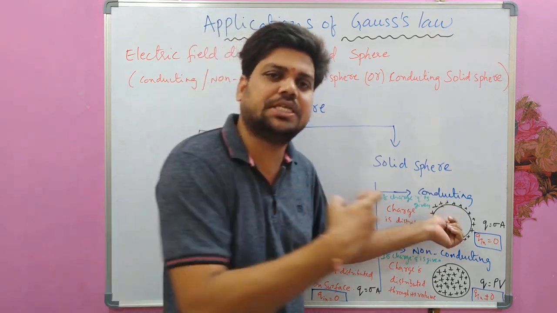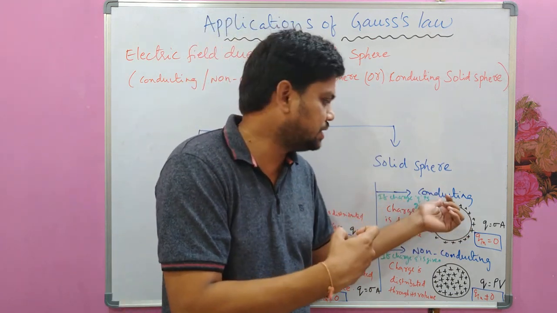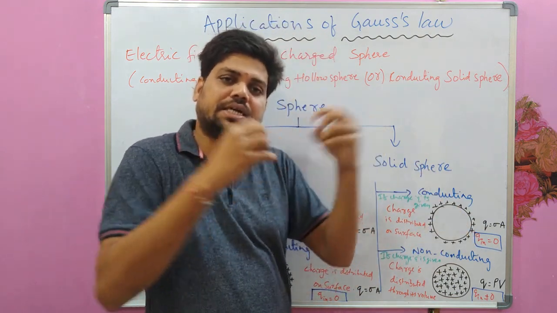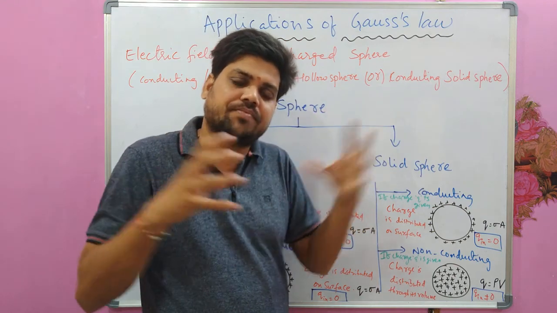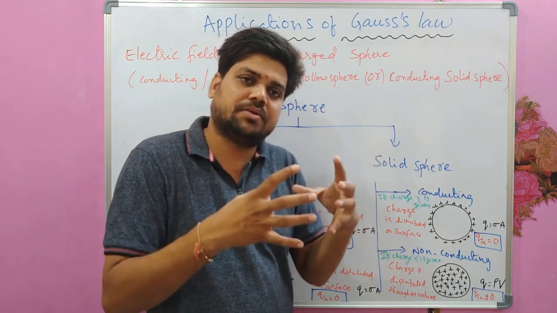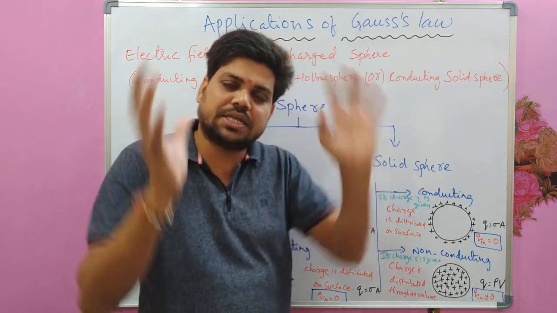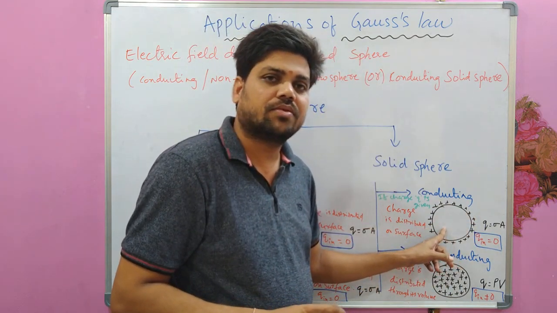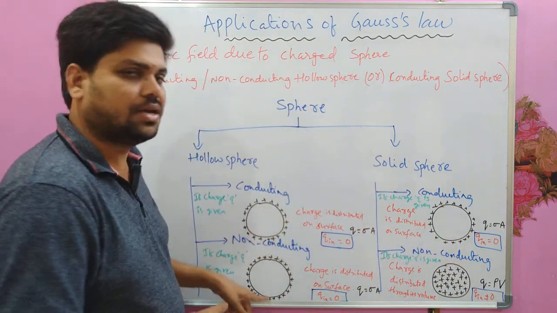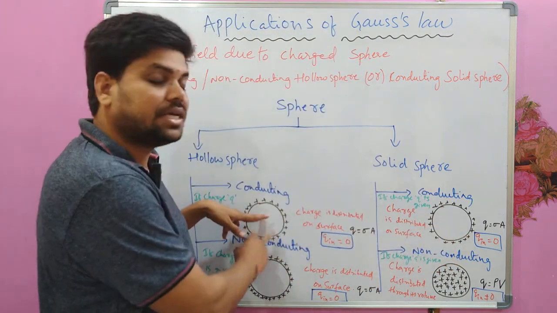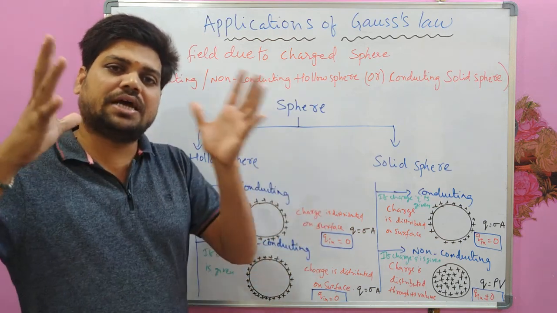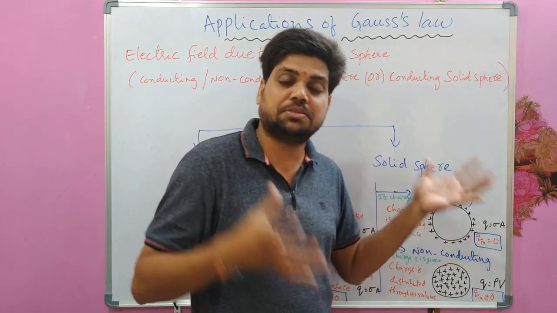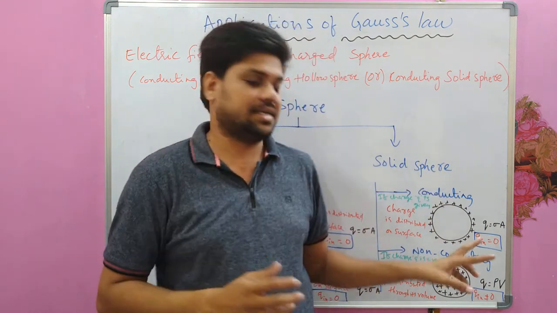The charge Q is given to a solid conducting sphere, and that charge Q is conducted towards its surface by the material inside, and the charge is accumulated on the surface. So just like here, you can see this. But here the charge is accumulated on the surface because of empty space inside. Here the charge is accumulated on the surface because the material is conducting.